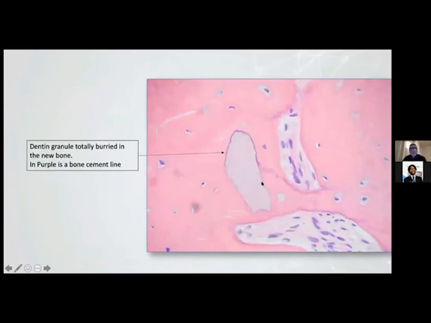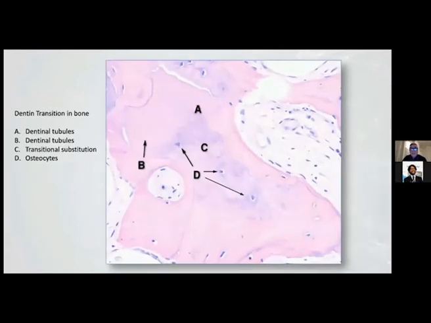This is another image of the granules completely surrounded by new bone, and this image is interesting because we have a granule of dentin in transition. What does transition mean? This granule was like this.